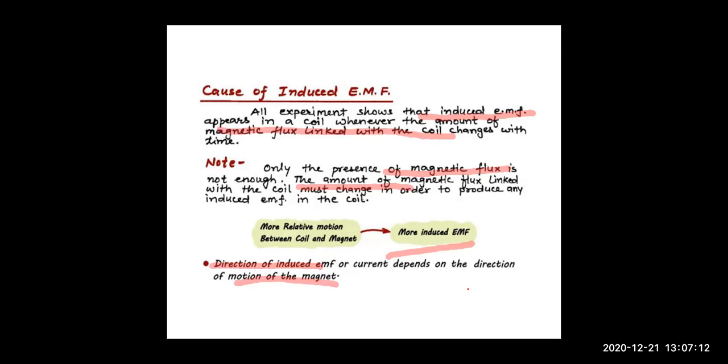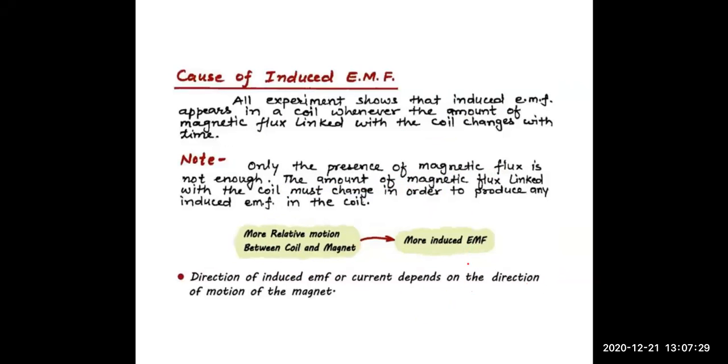We saw that when you move the magnet towards the coil, the deflection was, suppose, towards the left, and when you move it away, the deflection was in the other direction, suppose right. So the direction of induced EMF and induced current depends upon the direction of motion of the magnet.